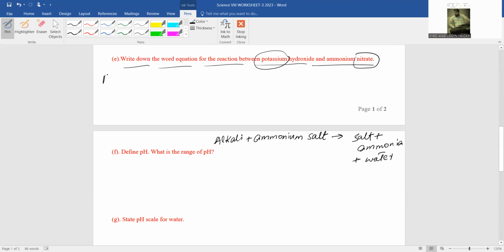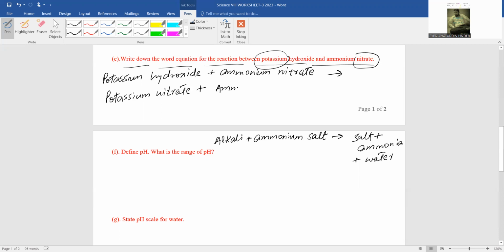So you will write potassium hydroxide plus ammonium nitrate. The salt will be very simple. So you will write potassium nitrate. This is the salt. The other products are common, that is ammonia and water.